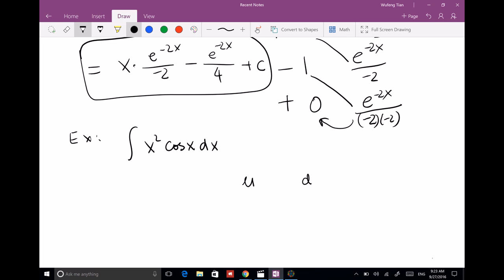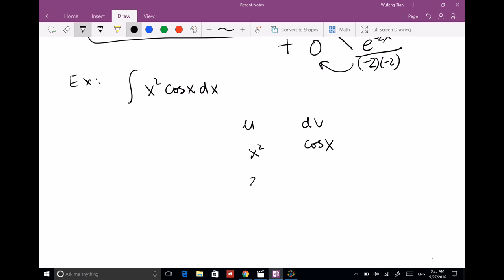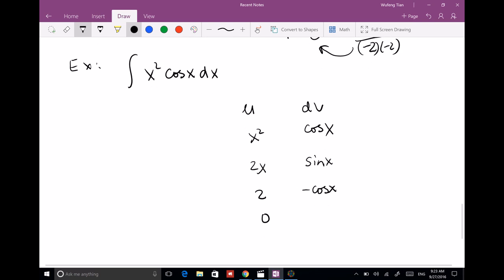U is x squared, because you take the derivative of x squared, go to 2x, go to 2, go to 0. And dv is cosine x. Just keep going until it's 0. Antiderivative of cosine is sine. Antiderivative of sine is negative cosine. Antiderivative of negative cosine is negative sine.